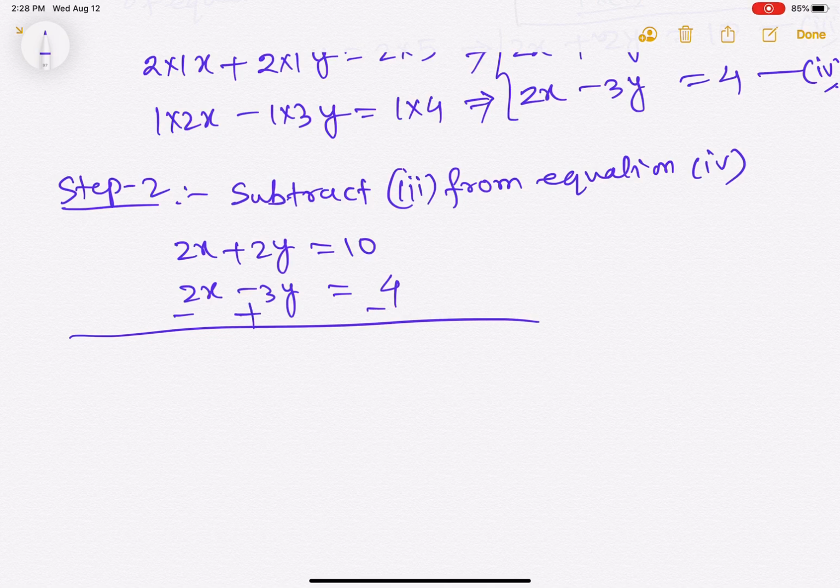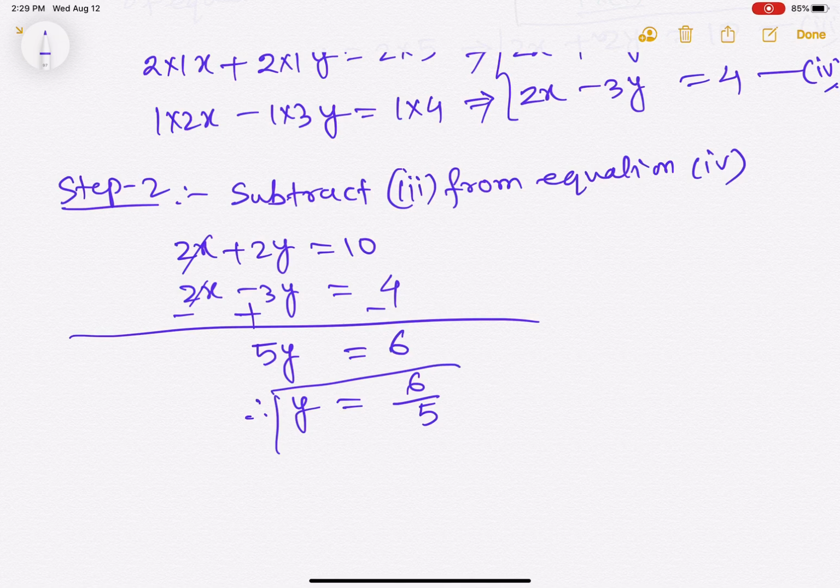So 2x minus 2x cancels. So now here 2y plus 3y, which is 5y, equals 10 minus 4, which is 6. Therefore the value of y is 6 by 5.